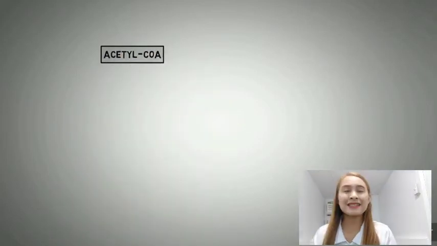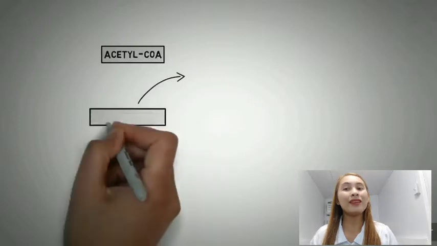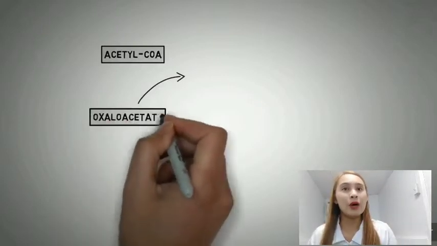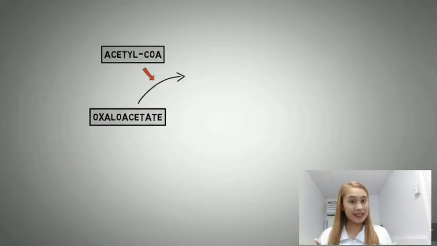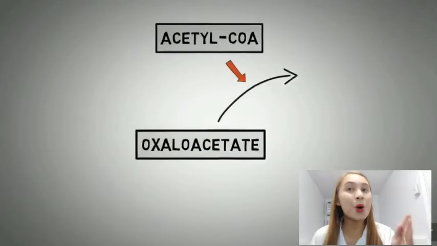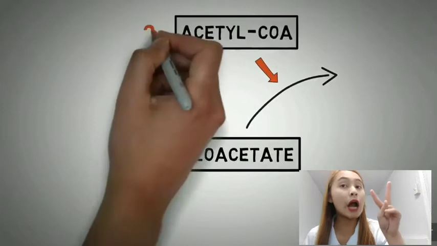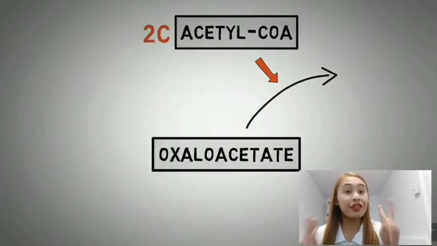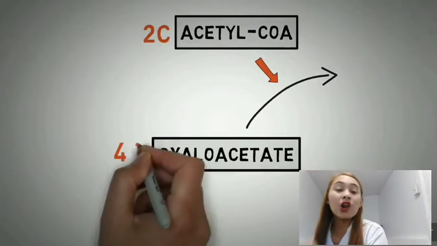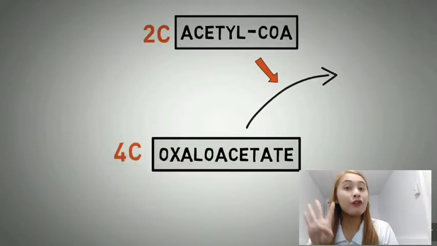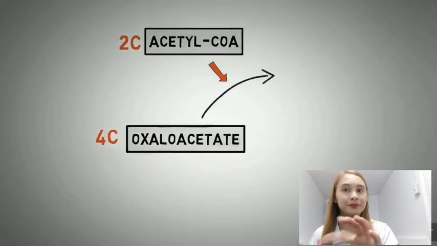In this first step, the acetyl-CoA is combined with oxaloacetate. Like I said earlier, acetyl-CoA is a 2-carbon compound, and this 2-carbon compound combines with oxaloacetate, which has 4 carbons.